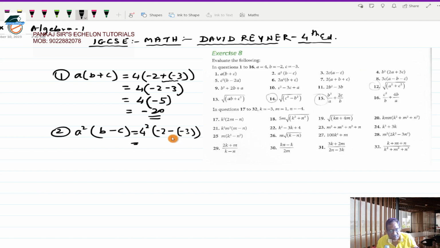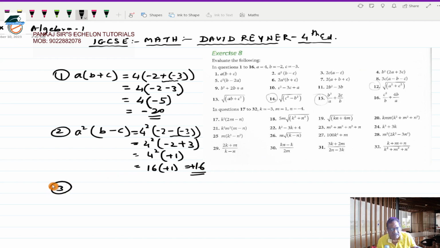So this is what I'm going to work out first. So 4 square bracket minus 2, this will be minus into minus, a plus, and then 3, right? Then 4 square, and this bracket now I'm going to work out. Now minus 2 plus 3 should be plus 1, right? So now it will be 4 square is 16 into plus 1, which is equal to 16, plus 16 rather. So the answer for the second one is plus 16.